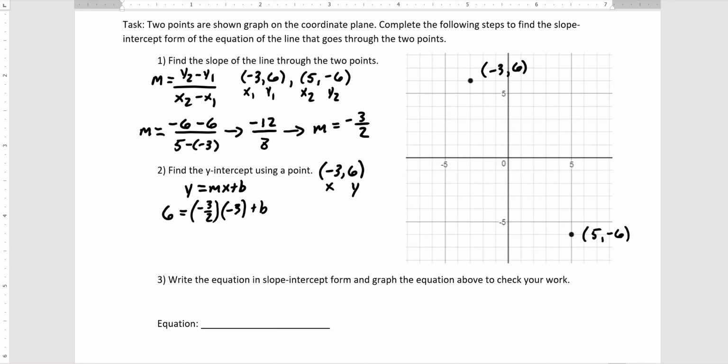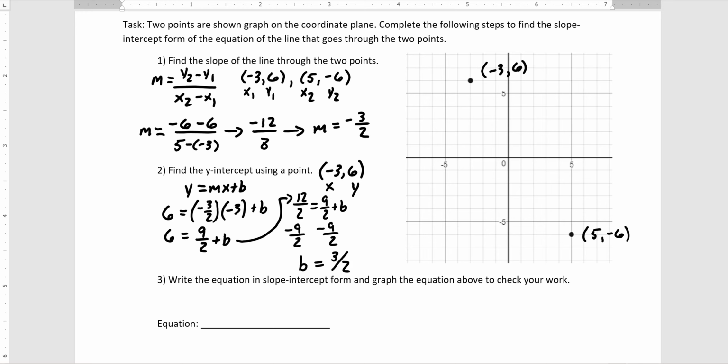Now, -3/2 times -3 would be +9/2. This gets a little tricky, so we need common denominators. So 12 over 2 equals 9/2 plus b. I need to subtract 9/2 from both sides. 12 minus 9 is 3, so b equals 3/2.